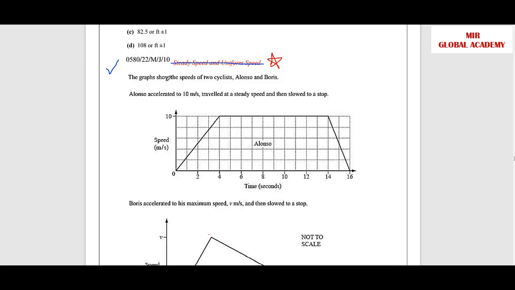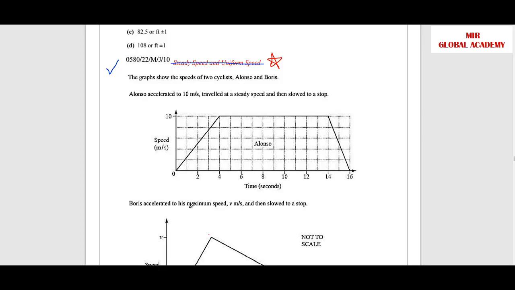The graph shows the speeds of two cyclists, Alonso and Boris. Alonso accelerated to 10 meter per second, traveled at a steady speed, and then slowed to a stop.